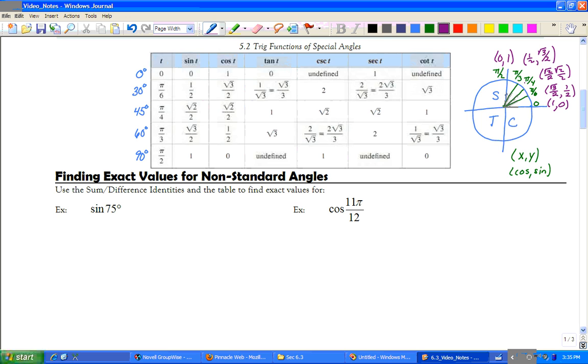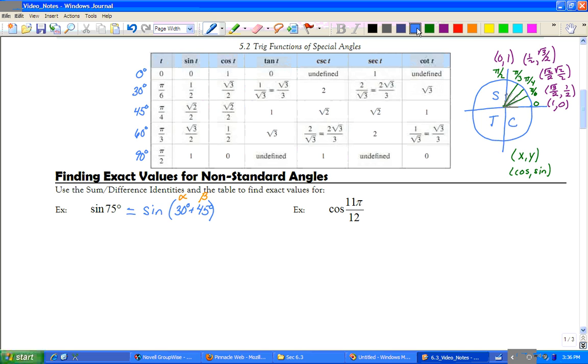Okay, so if we look at our first example here, we have the sine of 75 degrees. Well, 75 is not one of our special angles, but it could be the sum or the difference of two special angles. So we're going to set this equal to the sine of two special angles, and I'm going to give you the answer of 30 degrees plus 45 degrees. So alpha is 30 degrees and beta is 45 degrees.